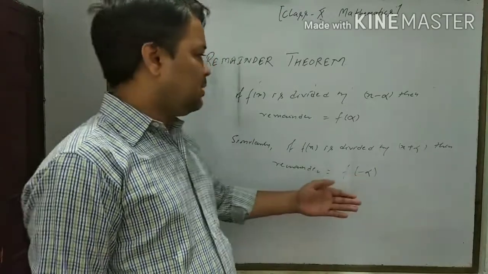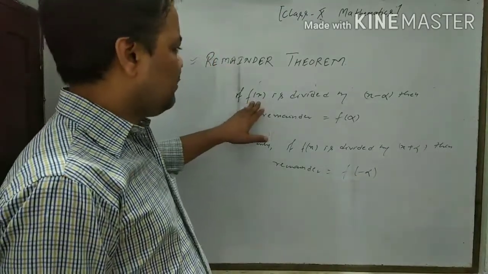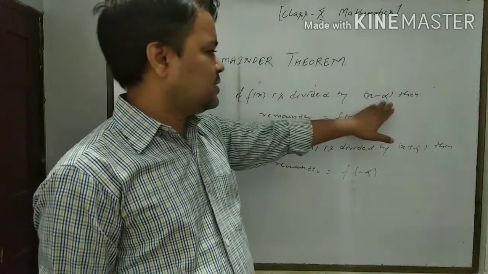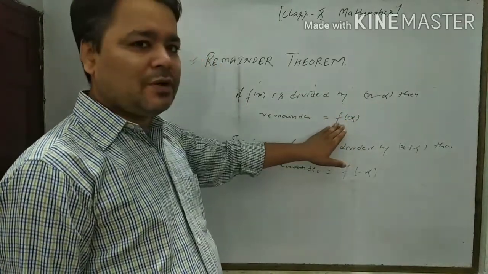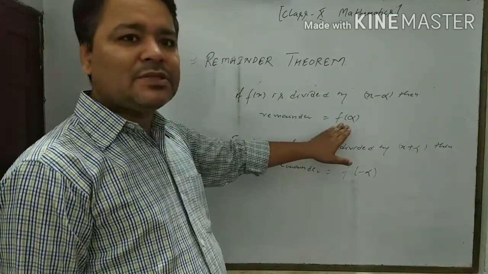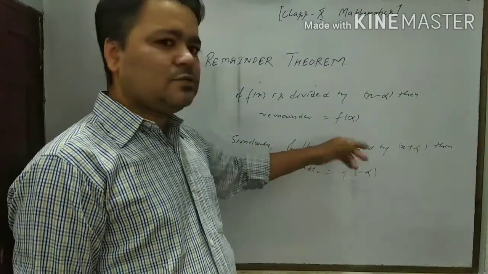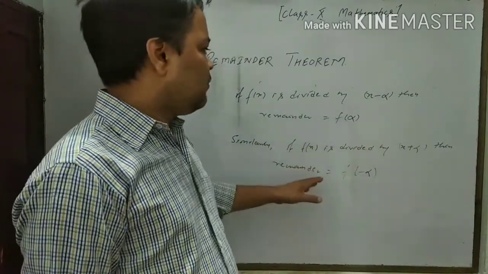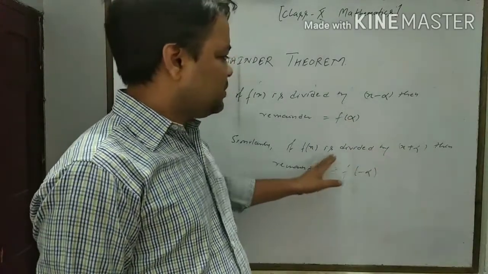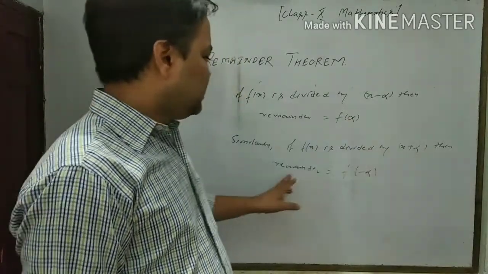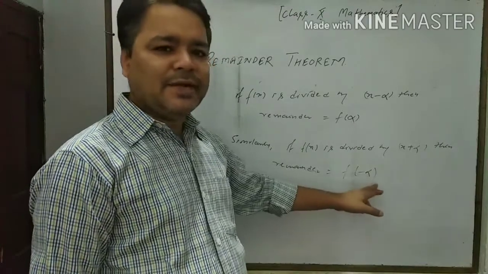You should remember and learn it. If any polynomial is divided by x minus alpha, then the remainder is f(alpha), which means the value of the polynomial at x equal to alpha. Alpha is a constant. And when f(x) is divided by x plus alpha, the remainder is f(minus alpha).